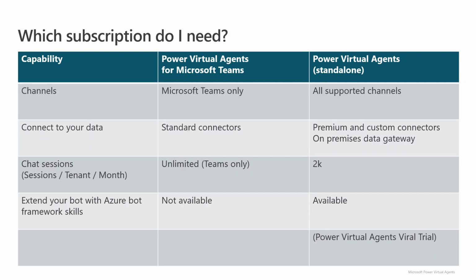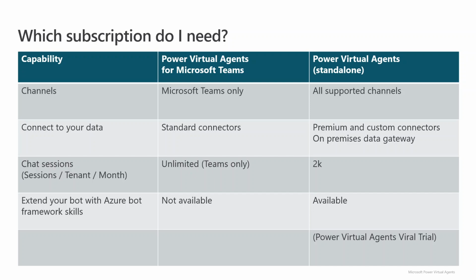Standard connectors tend to be everything that's around Office. So SharePoint, Forms, Word, PowerPoint, Excel, all of Outlook, all of those standard connectors, you can use those in Power Virtual Agents for Teams. Chat sessions are unlimited, but only within the Teams context. And you can't use bot framework to extend Power Virtual Agents for Teams.